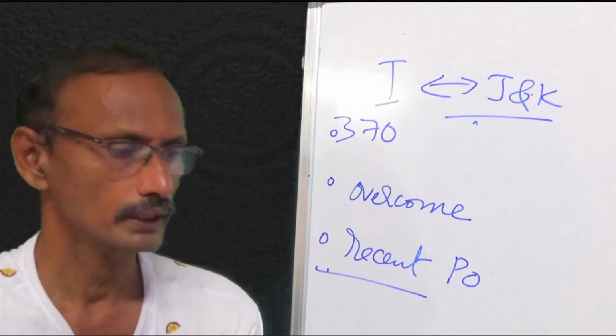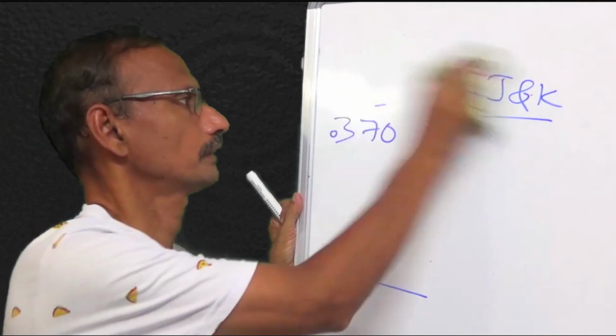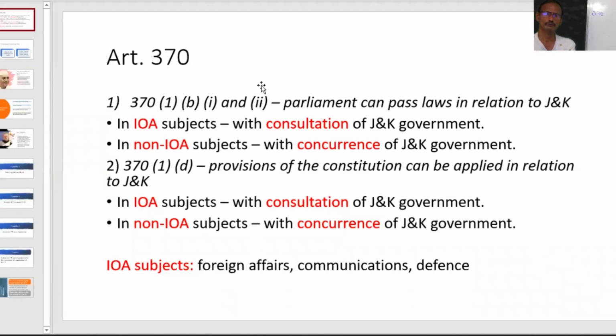So let us look at the provisions of 370. See, 370 provisions divide subjects into IOA subjects and non-IOA subjects. IOA subjects refer to foreign affairs, communications and defense. IOA is the instrument of accession.